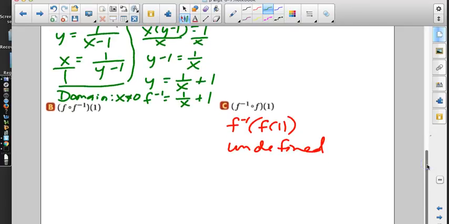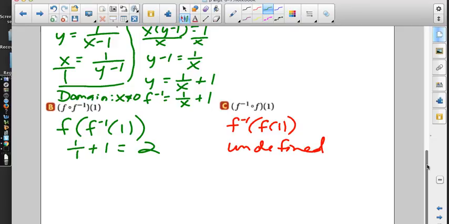When they give you a number, you're supposed to put the number in the closest one to it, get an answer, and then put it in the other one, because again, these would be embedded. But this time we're saying we want to put that 1 in f inverse. We can do that. This works with 1. So 1 over 1 plus 1, that's going to be 2.